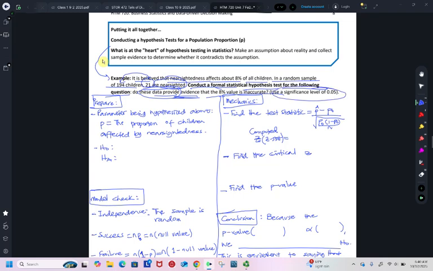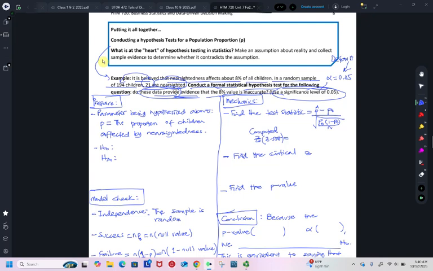We have been told to use a significance level of alpha equals 0.05. Remember, if you're not given this significance level explicitly, the default value is also 5%.